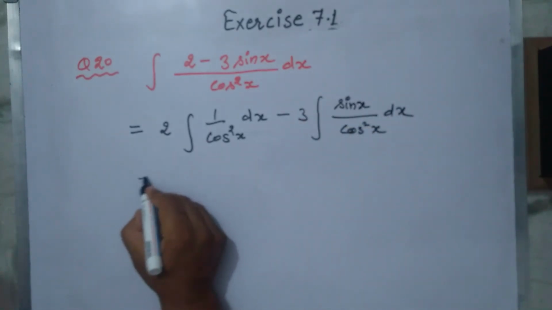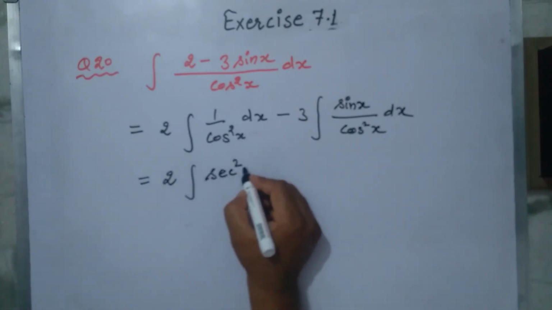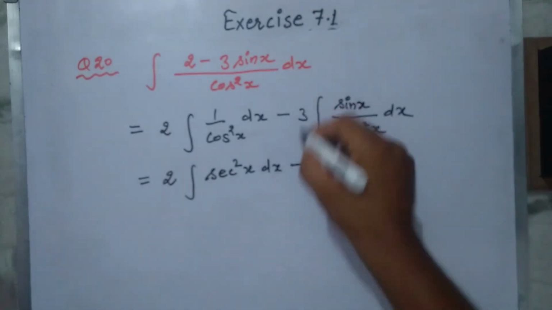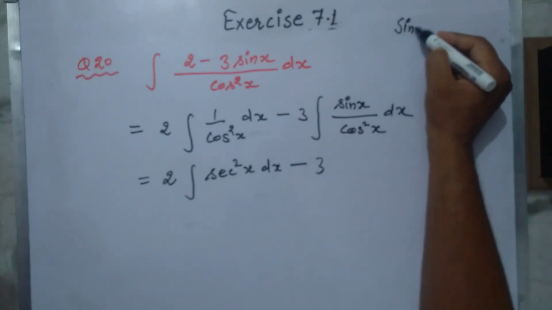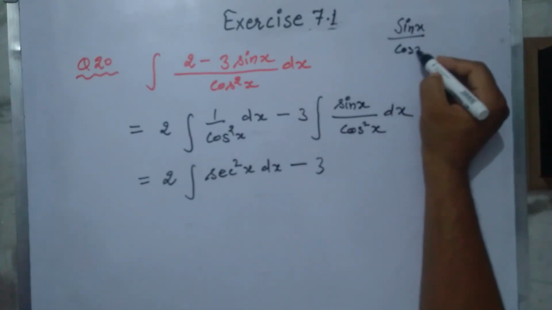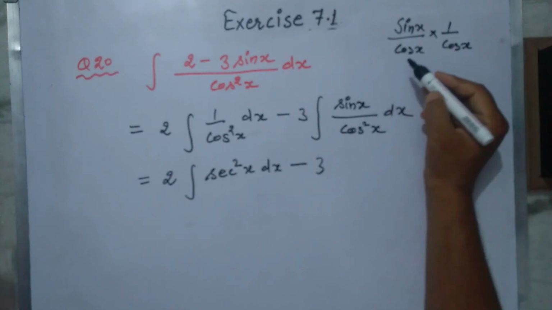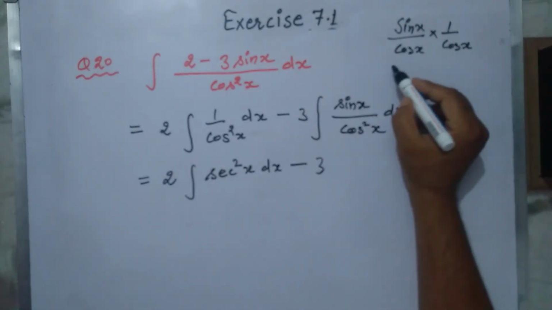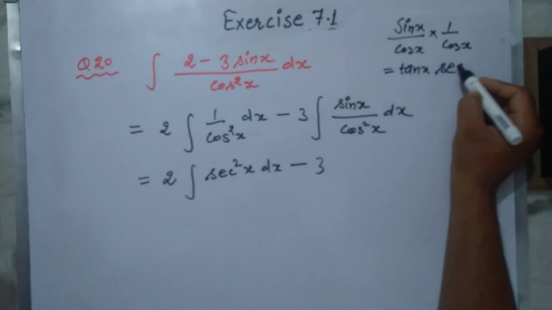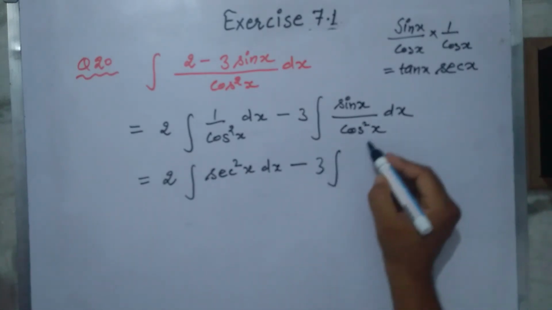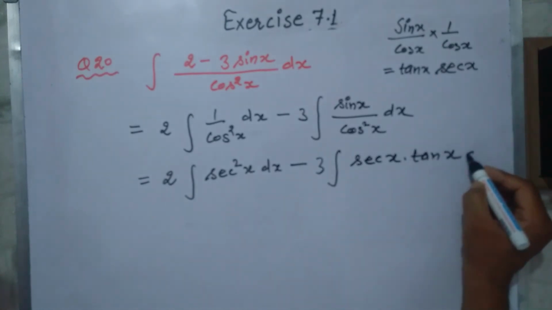So again we can write this as 2 into integration secant square of x dx minus 3 into, we can write this as sin of x upon cos of x into 1 upon cos of x, that is equal to tangent of x into secant of x. So we write this as secant x into tangent of x into dx.